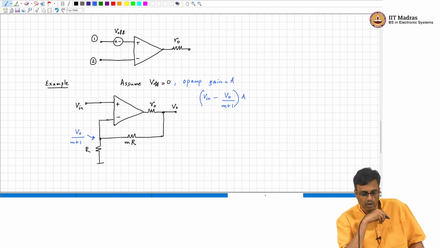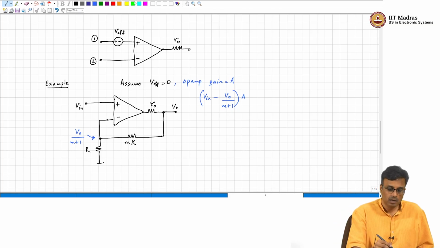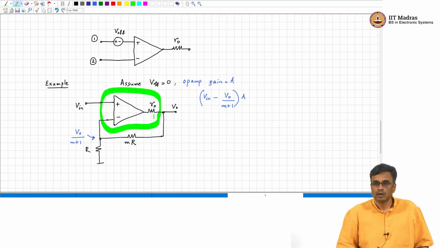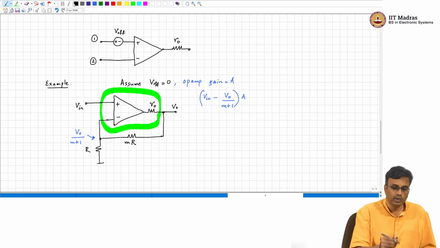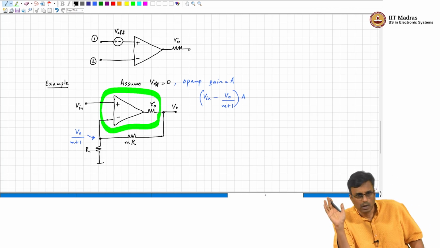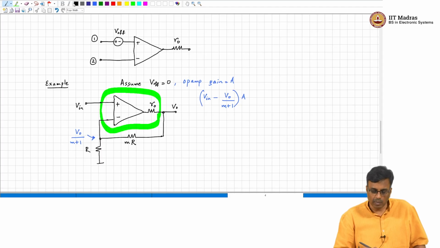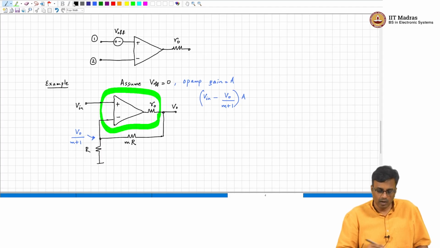See, the op amp is actually this whole thing here. It's an ideal op amp with a resistance of R O in series with the output. Does it make sense? So, what does V in minus V O by m plus 1 times A represent?